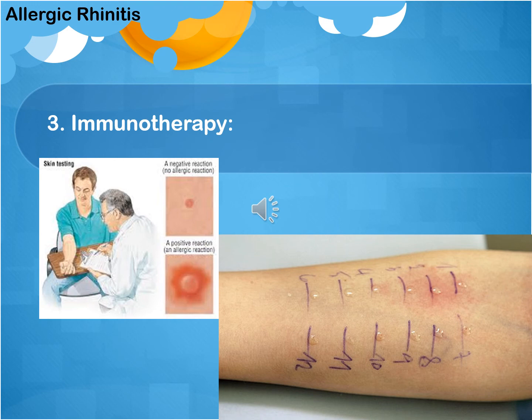How? We inject the antigen either intradermally by the scratching method, as we talked before, or even sublingually, with gradual increase in the concentration of the antigen, leading to the development of blocking immunity, which will prevent the severe allergic rhinitis clinical picture.